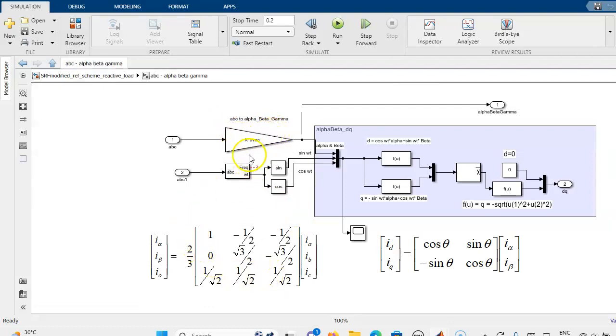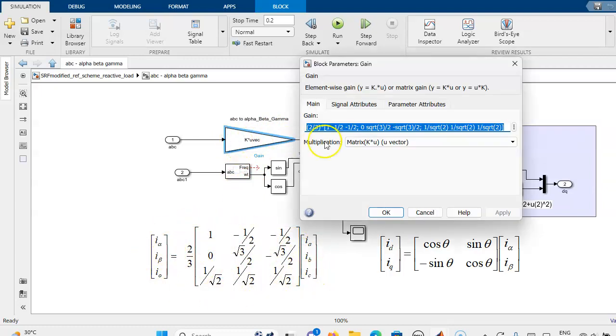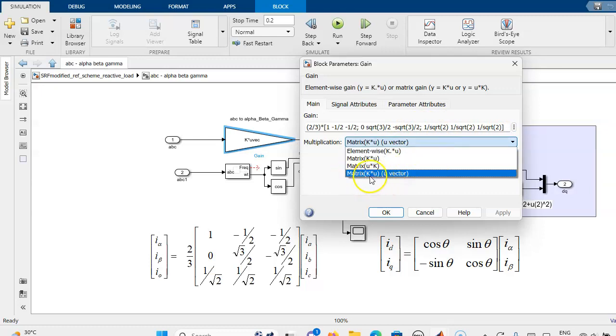So we take the gain block, and this is the equation we are constructing first. In this gain block, 2 by 3 into the first row, semicolon, then the second row, semicolon, the third row, then close the bracket. Here you take the multiplication as matrix K star U.